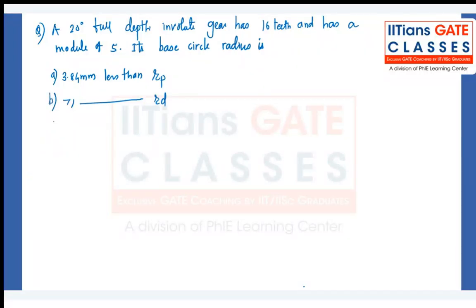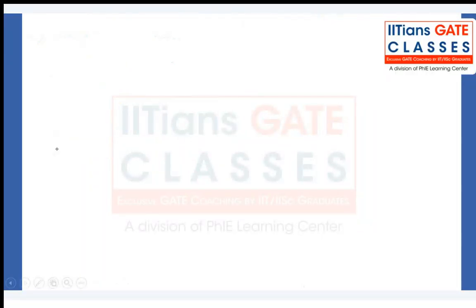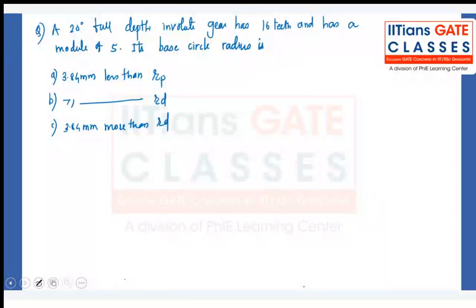C, less than the RA, or D, 3.84 millimeter more than RD, or more than RP.